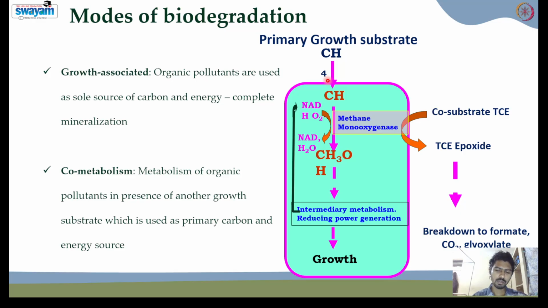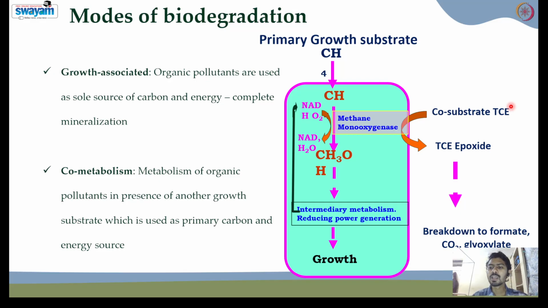In that case, the microorganism will consume a simpler source. For example, in an environment where methane is also present and TCE, trichloroethylene, is also present.